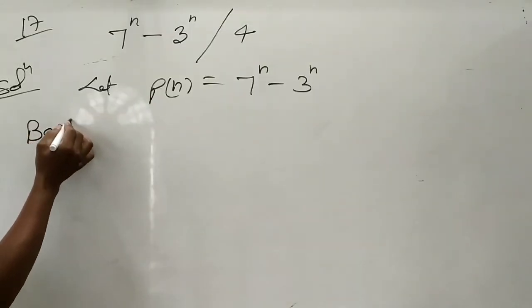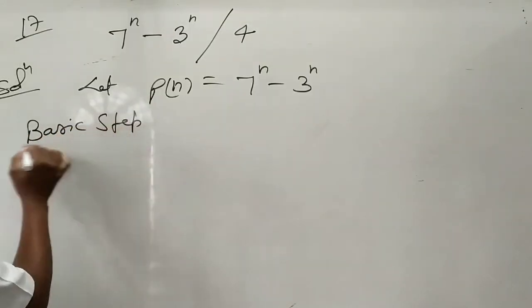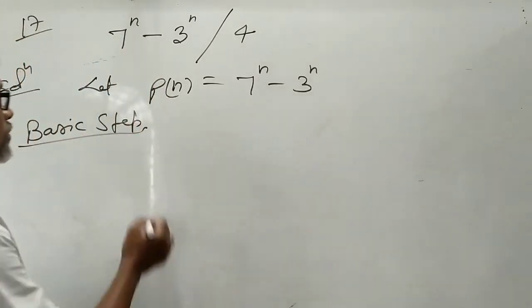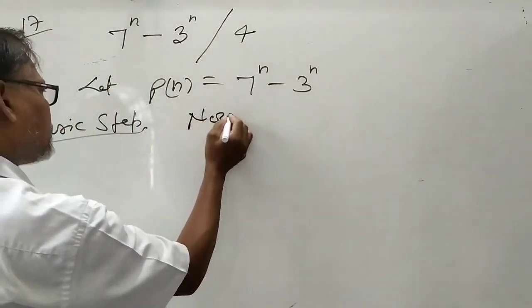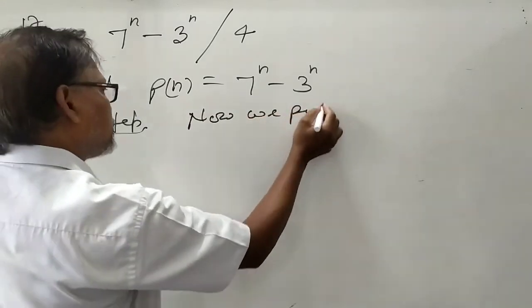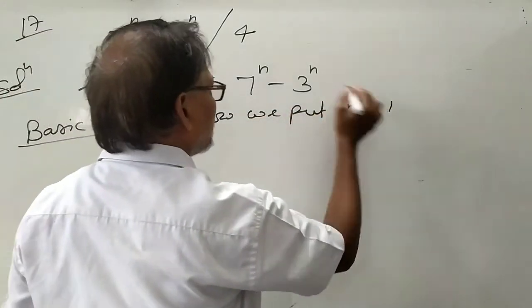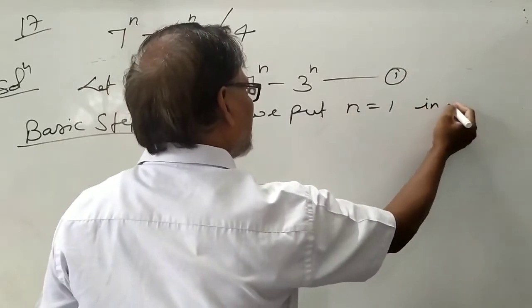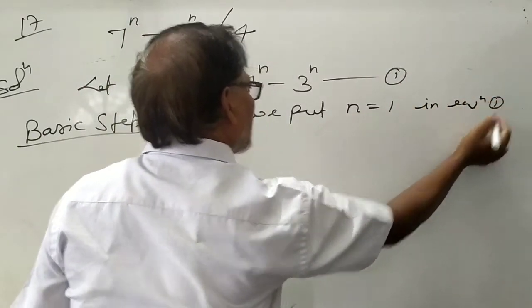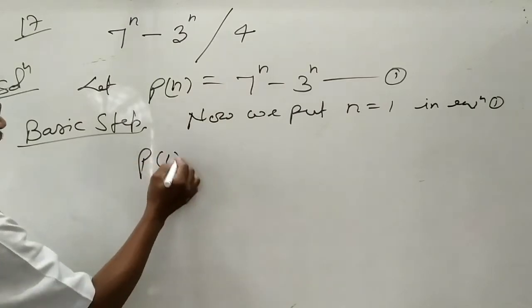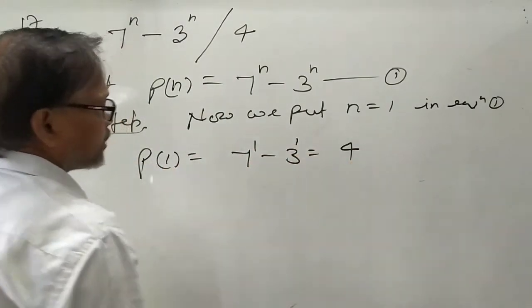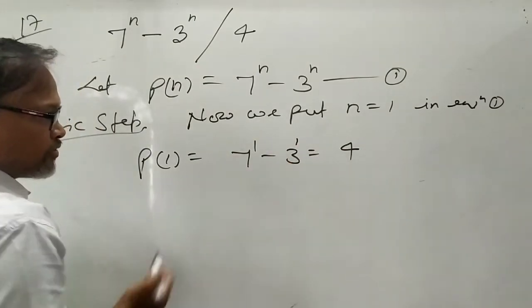3 to the power n, and use the basic step. Basic step again, n is equal to 1 you put. Now we put n is equal to 1, इसको इक्वेशन 1 ले लिया मान लो, in equation 1, so what you will get, P1 is 7 minus 3, that is 4। क्या ये 4 से डिविजिबल नहीं है?